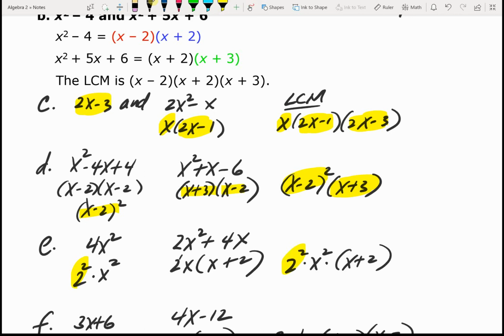And then I have the x squared and the x, so my LCM has to include the x squared. And then finally I have the x plus 2 that's included. So my least common multiple will include the 2 squared, the x squared, and the x plus 2.